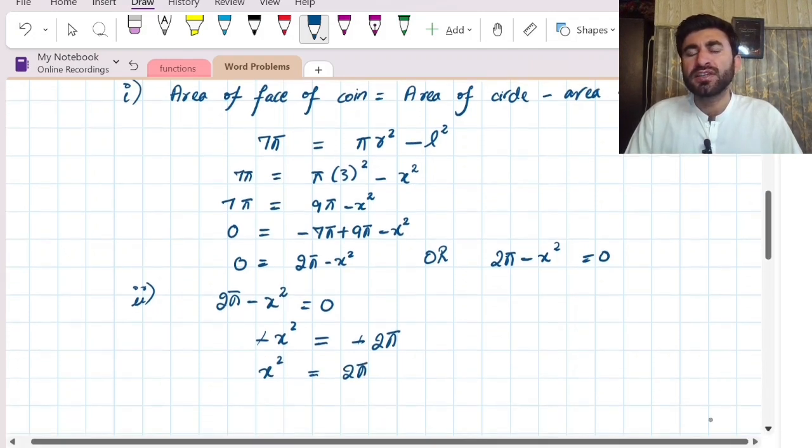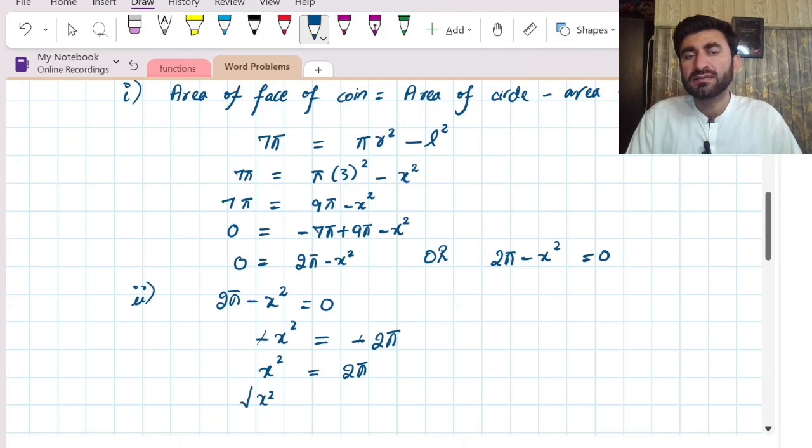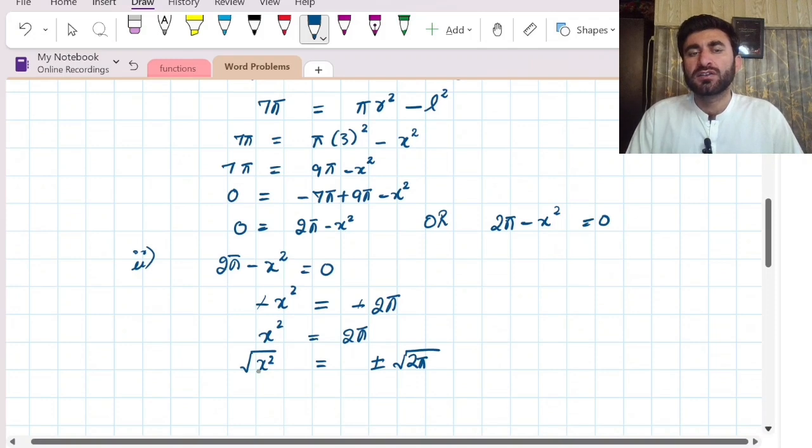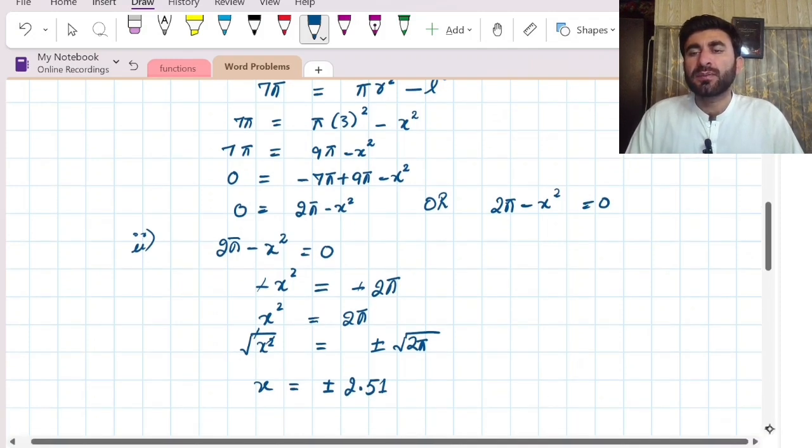Because there is no linear term, only a quadratic term x square, we can directly take the square root of both sides. Whenever we take the square root of a constant number, we must place a plus and minus symbol outside it. On the left hand side, square and square root cancel each other, so x equals plus or minus the square root of 2 pi. From the calculator you will calculate it as 2.51 when approximated to 2 decimal places.